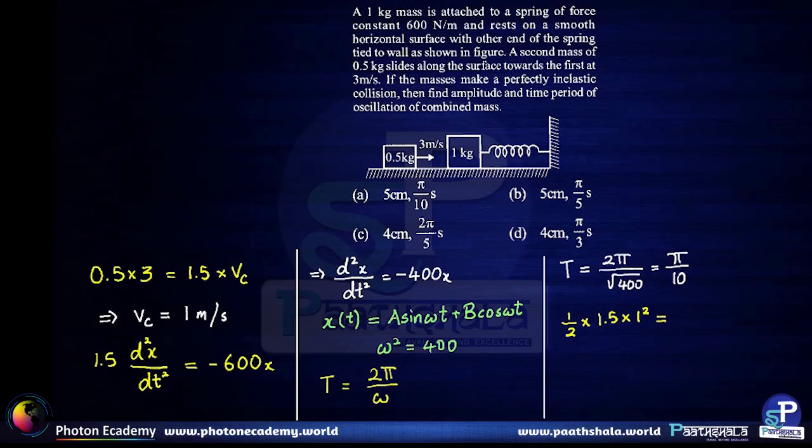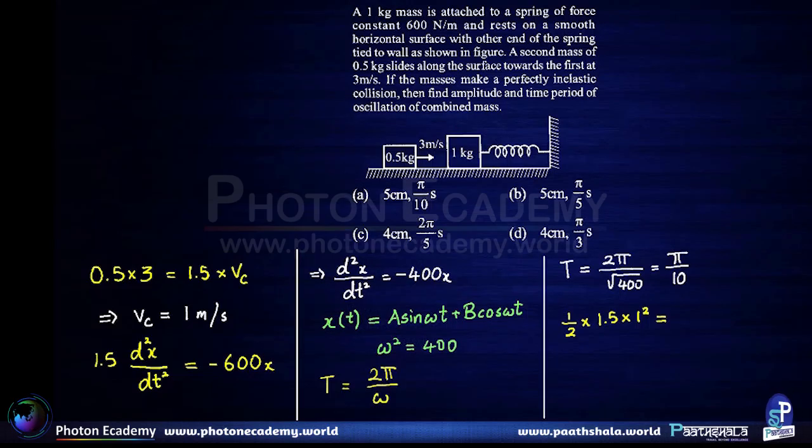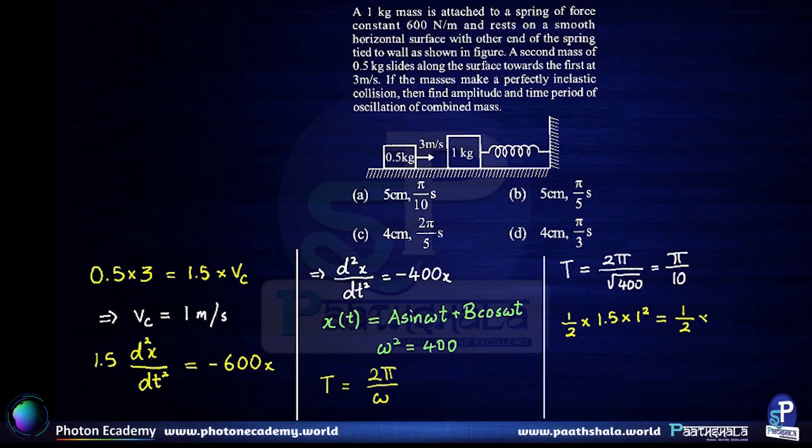At the extreme position, where amplitude is equal to the displacement of the blocks, there is no kinetic energy and all the energy is stored as potential energy. And the potential energy is written as 1 by 2 into spring constant into displacement square. And since the displacement is equal to the amplitude, we can write it like this.